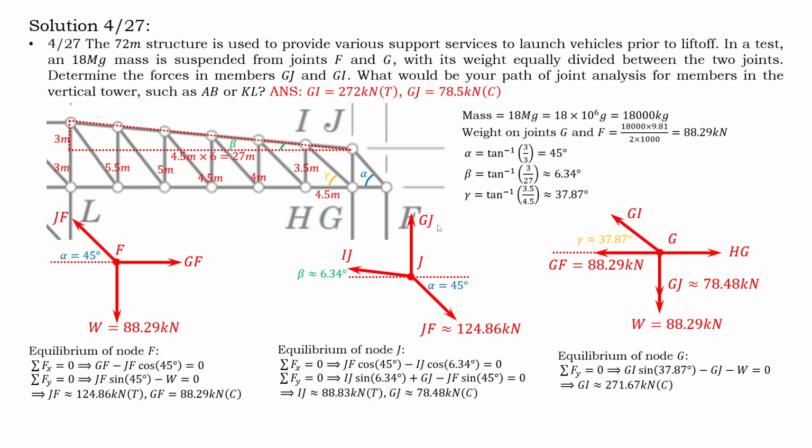After finding GJ, we have to do it again for point G. We have HG and GF and GI, and this is GJ.